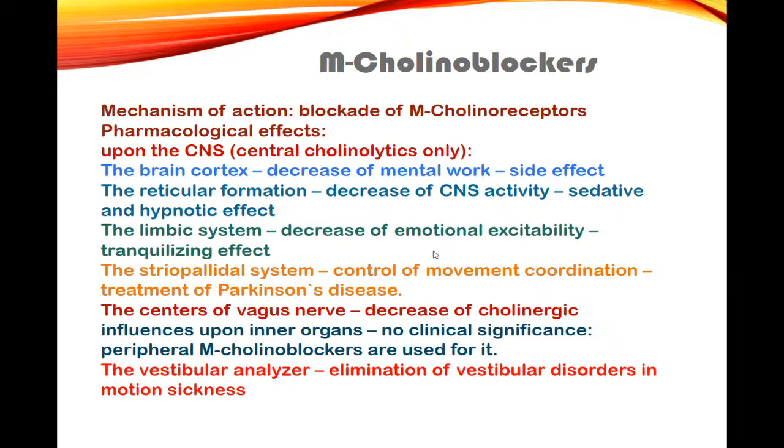That's why we can use central M-cholinoblockers for treatment of Parkinson's disease. The vestibular analyzer. Blockade of M-cholineceptors causes elimination of vestibular disorders. That's why sometimes central M-cholinoblockers are also used for treatment of motion sickness or for prevention.